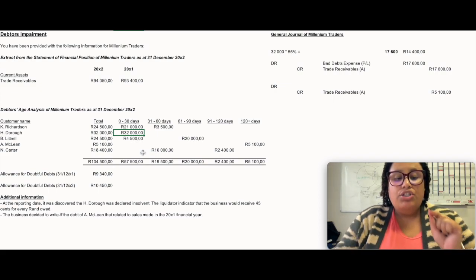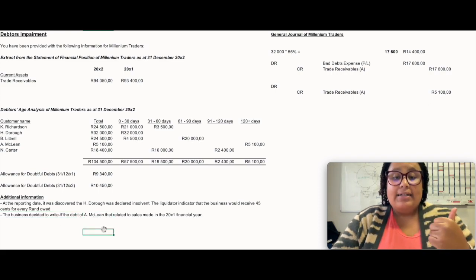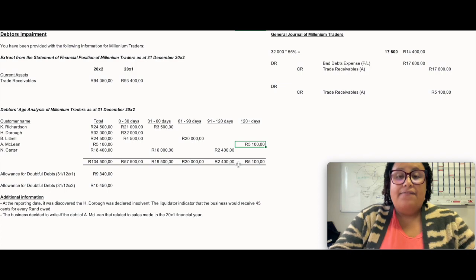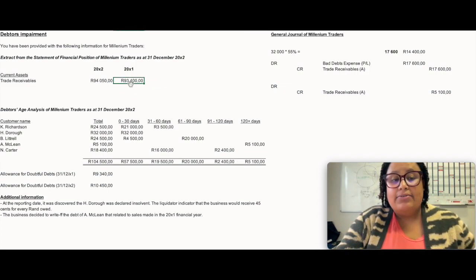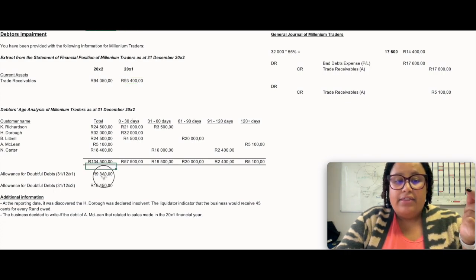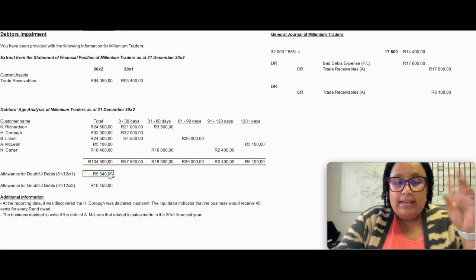However, this debt is coming from the previous financial year, so that balance of 5,100 was sitting in our trade receivables in the prior year. So it's included in this figure over here. And in the prior year, we would have calculated an allowance for doubtful debts on that amount, which was the 9,340. So this is the net amount after the allowance, but the allowance that we raised was 9,340.